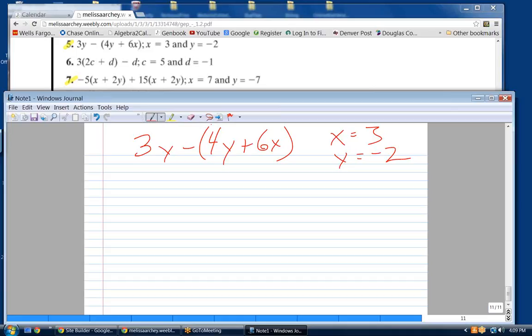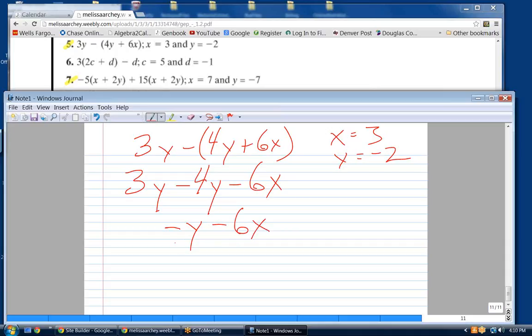In other words, our first goal is to get rid of the parentheses. What do I have when I get rid of the parentheses? Don't you distribute the negative sign, though? Yes. Right. So negative 4y minus 6x. And now combine the first two. So we got negative y minus 6x.